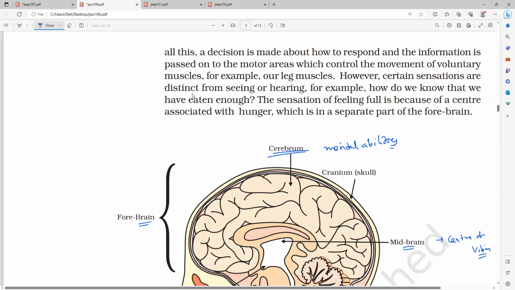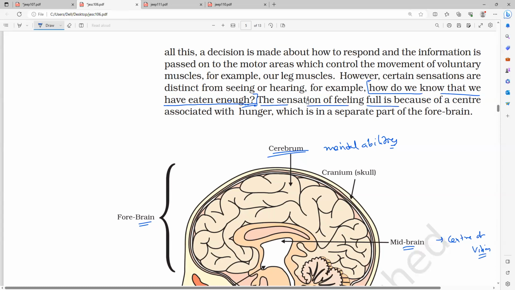But I'm saying, these kinds of questions are very important for us. See, how do you know that we have eaten enough? When you are reading, remember, each and every in-text question has to be answered, and they mostly explain the answer.